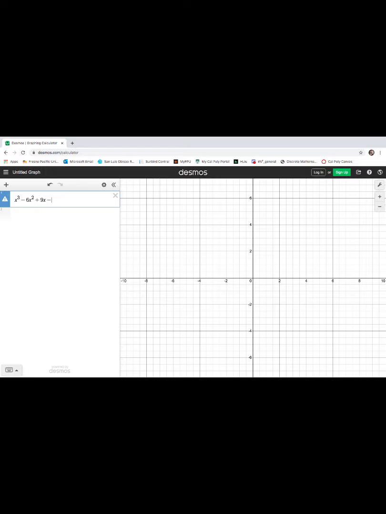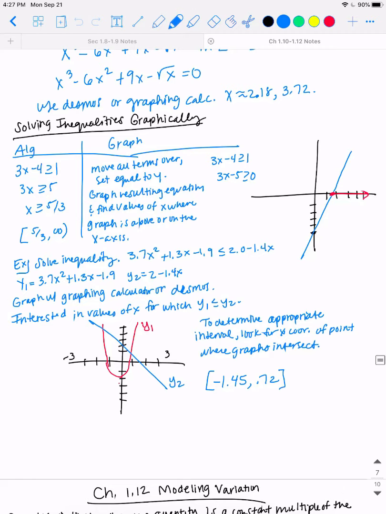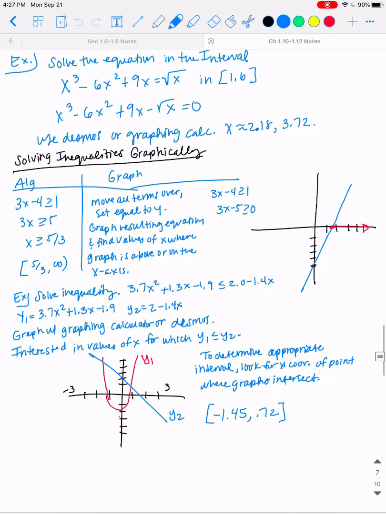So the command for that is sqrt x. Okay, so we're going to look at where it intersects the x-axis. So at 2.177 and 3.72, and those are the solutions. So from Desmos we were able to see that x is approximately 2.18 and 3.72.